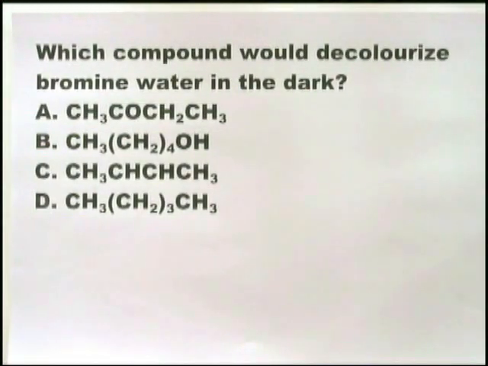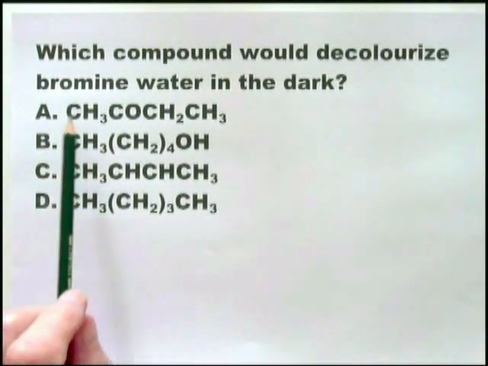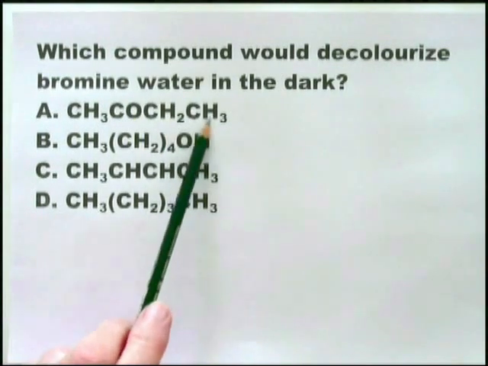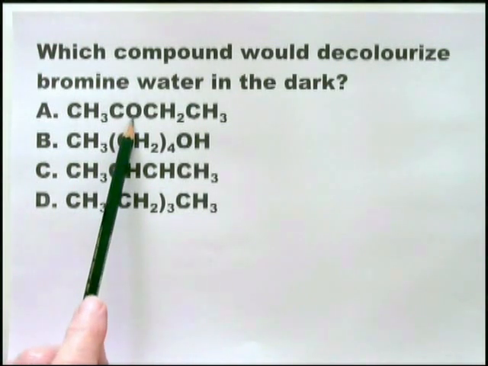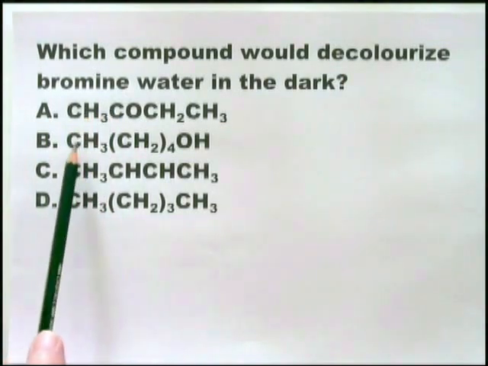As soon as you see the statement decolorized bromine water in the dark, you know you're looking for a double bond. And you have to know the characteristics of a double bond, or at least what it looks like in terms of formula. You look at the first one, you immediately see there are no double bonds there. There's a carbon double bond O, but that's not the double bond we're looking for. We're looking for a C double bond C. We look at this.